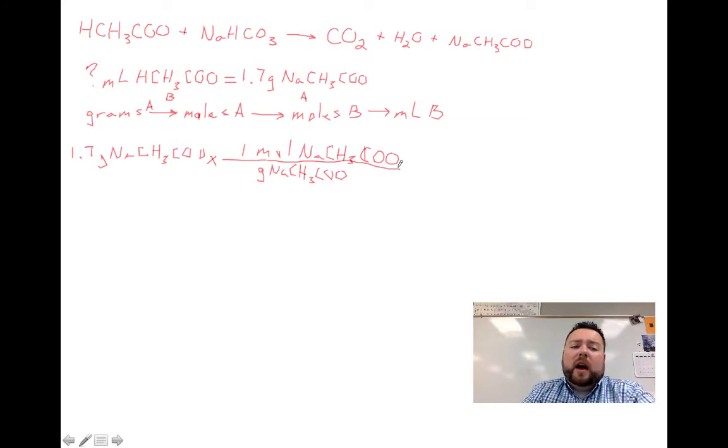All right, so I have 1.7 grams of sodium acetate, and I have 1 mole of sodium acetate over a certain number of grams of sodium acetate. So what we need to do is figure out how many grams there are per mole. And so we go back to the second month of school here, and figure out how we determine the molar mass of sodium acetate.